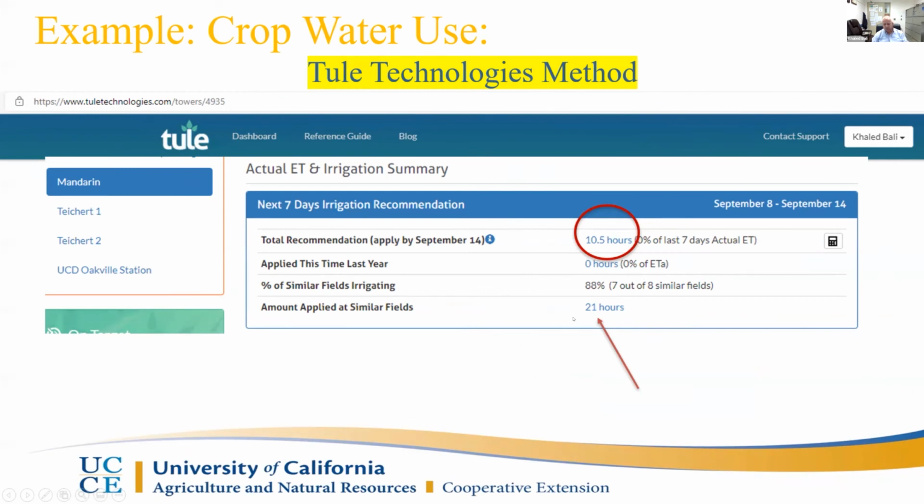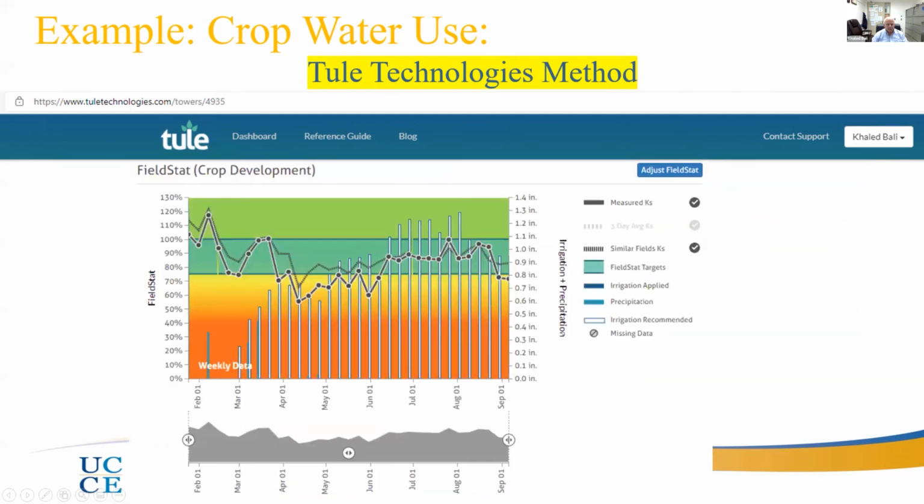And then they will show you, if they have sensors in fields around you, what other farmers are doing around your area. The good thing about technology, they have lots of visual things that you don't even have to worry about the numbers. You can see here in this example, these are my crop coefficients or field statistics, as they call it here. And you see, if I am within this dark bar, I'm doing fine.